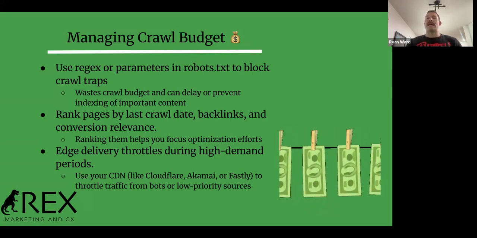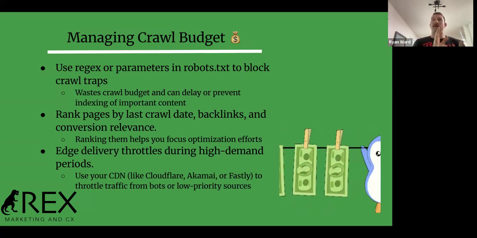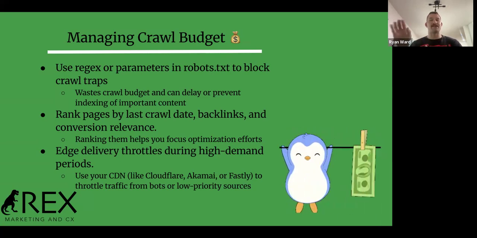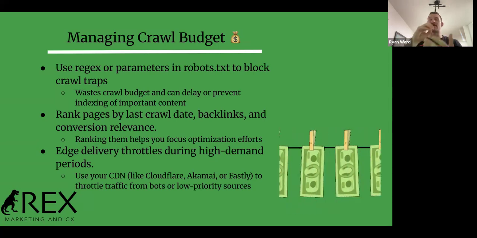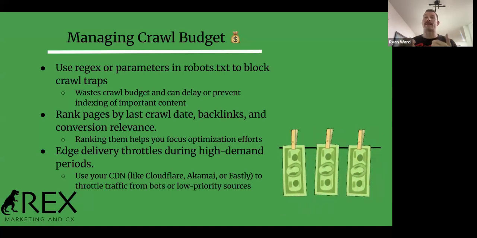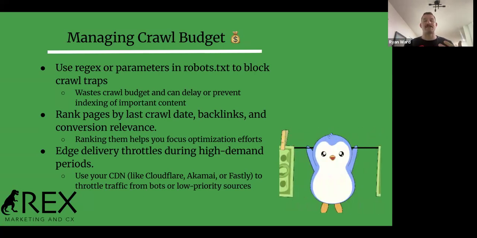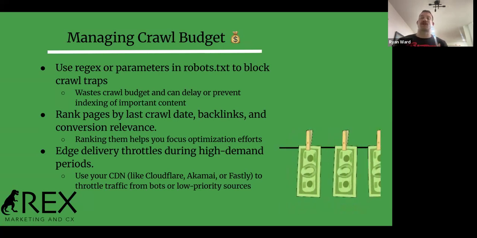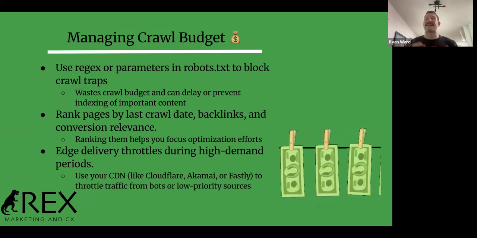So for example, if you have a cycle of internal links, like a spider web, say that a crawler goes to a page, they see an internal link, they are taken to that internal link, and that link goes back to the original page. You've just created a loop for your crawling, which is going to reduce the amount of actual pages and new pages that a crawler can see. So it's important to think about these types of things to ensure that you're not wasting crawl budget, and that the content that's the most important is getting indexed.